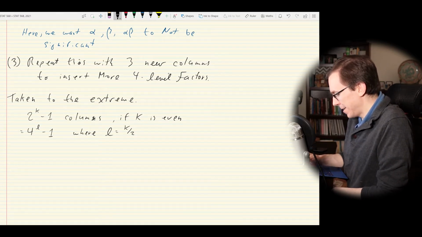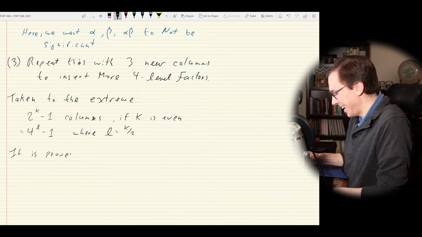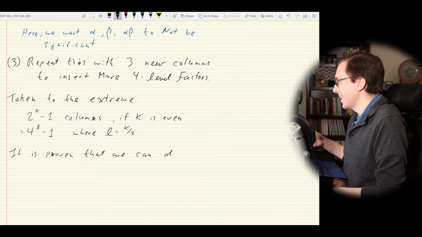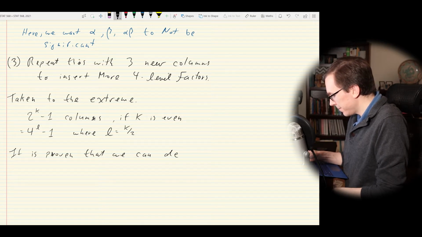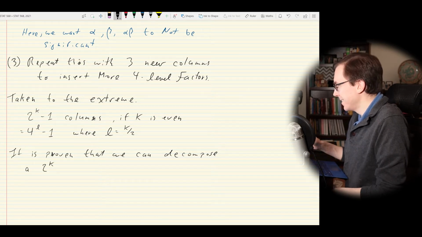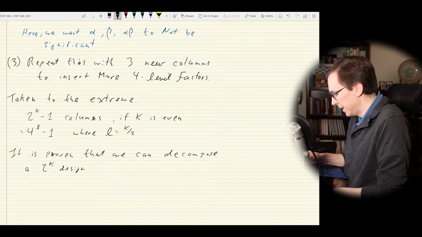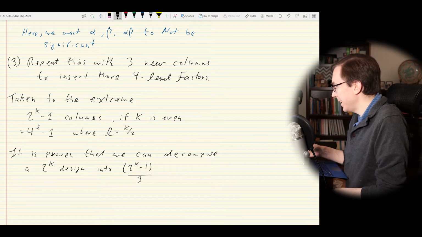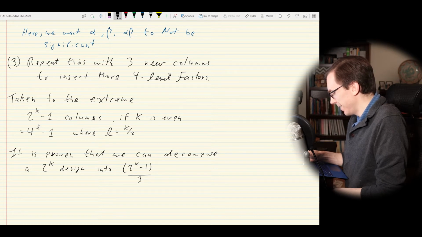And the idea is that it is proven, not by us and not in this course, that we can decompose a 2 to the K design into 2 to the K minus 1 divided by 3 sets, or to be precise, mutually exclusive sets of 3 columns, to become a 4 to the L design.